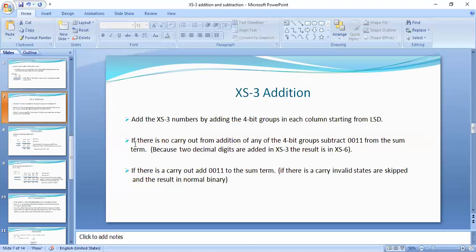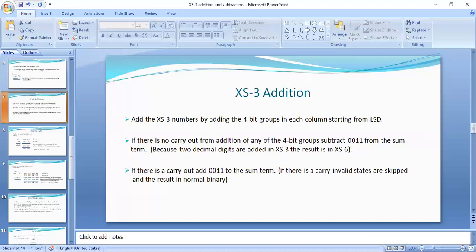Next, add starting from the LSB. If there is no carry out from the addition of one group to another group, what we have to do is subtract 0011. Why are we subtracting 0011 here?